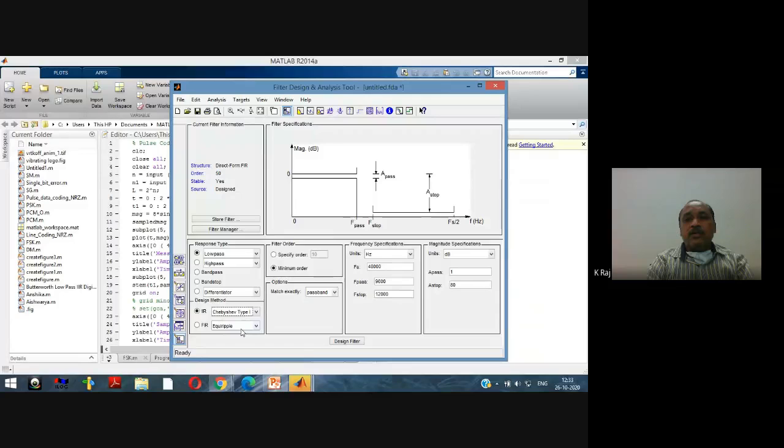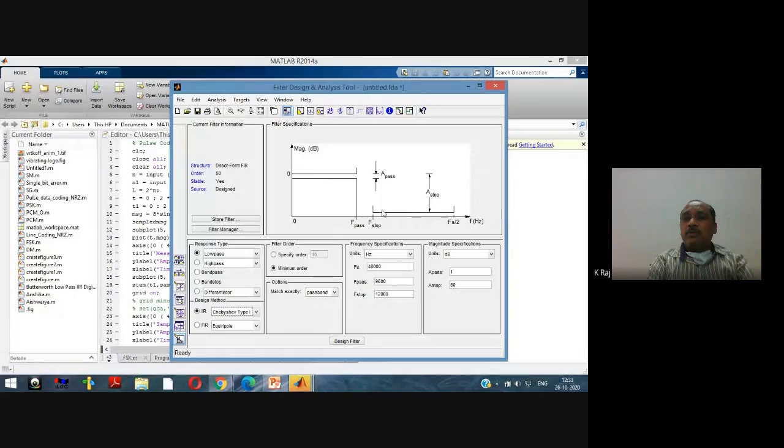Now say if we select Chebyshev type 1, then we have to describe the ripples or the attenuation in the passband, which is also known as the maximum attenuation in the passband.